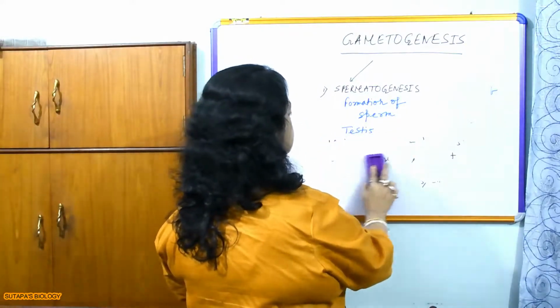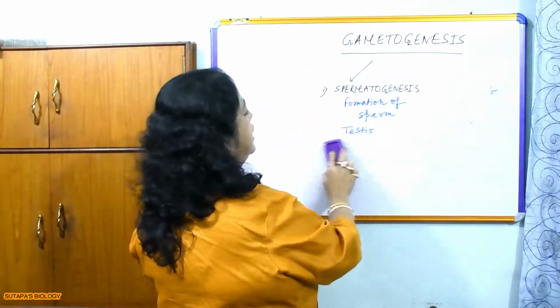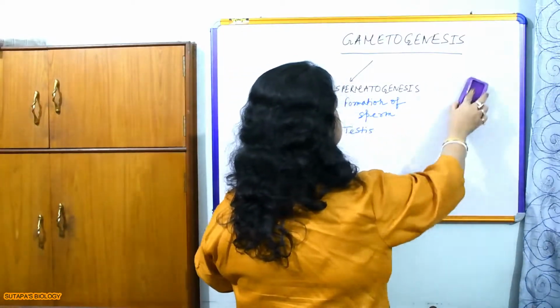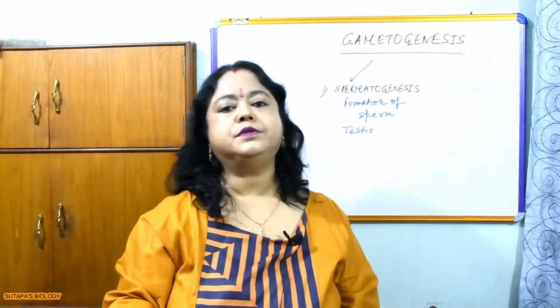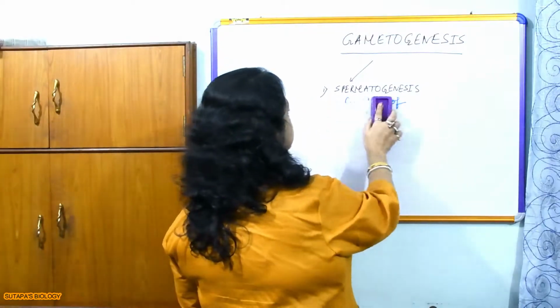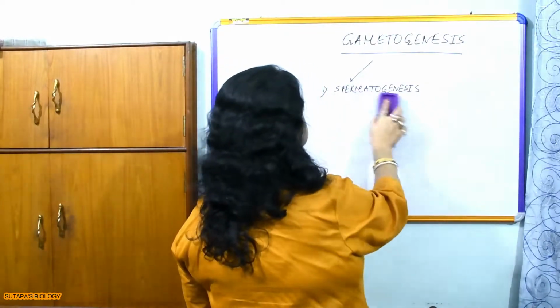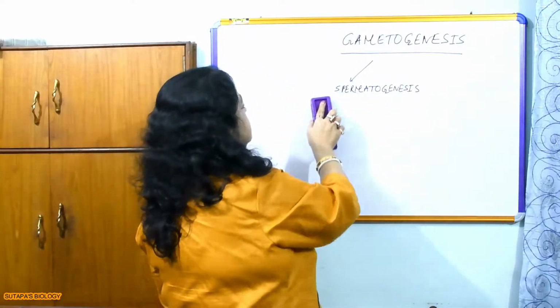Already I have told you that spermatogenesis takes place within the seminiferous tubule, and it's a continuous process which takes place after puberty and continues up to the age of 70 or 75 in the male. Now spermatogenesis has some divisions.